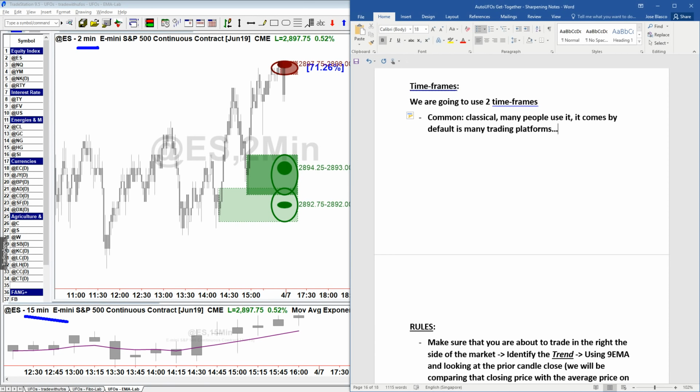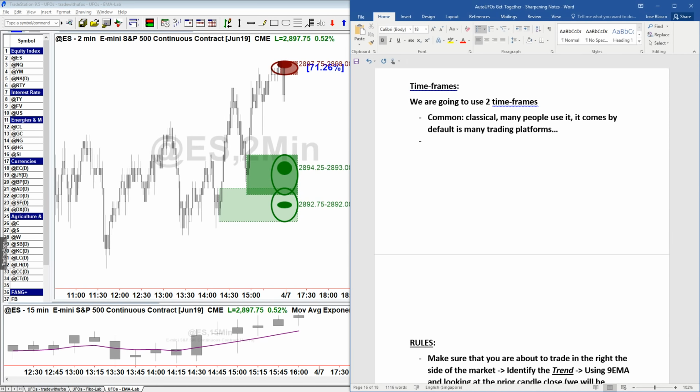The 15 is available in all trading platforms. The 2-minute time frame is not a common time frame. Some platforms may provide it, but not all. It's actually a little weird. Few traders use the 2-minute time frame, so that's going to be our time frame.